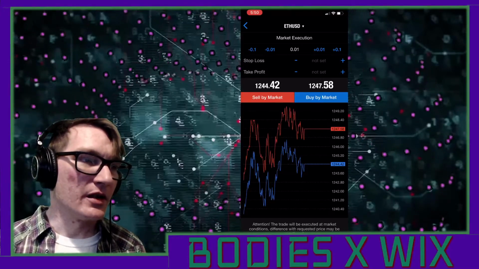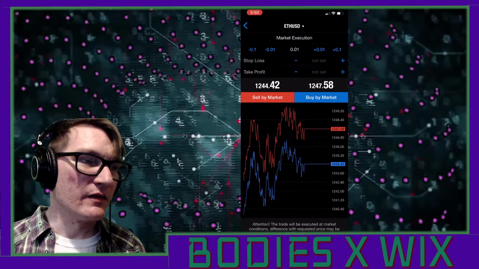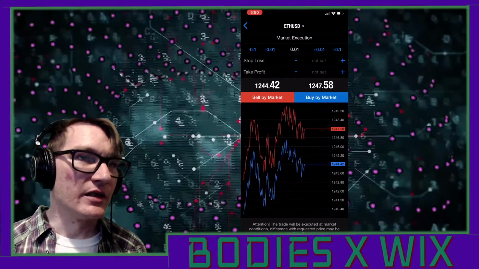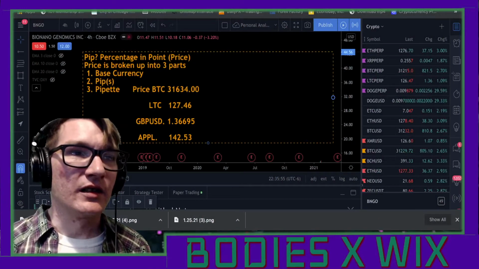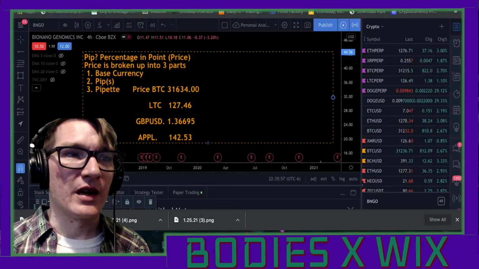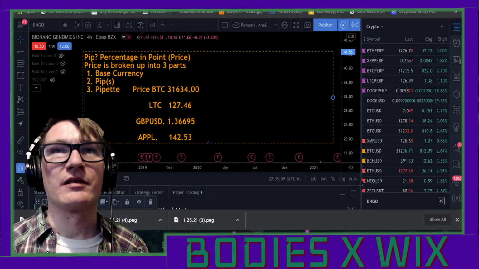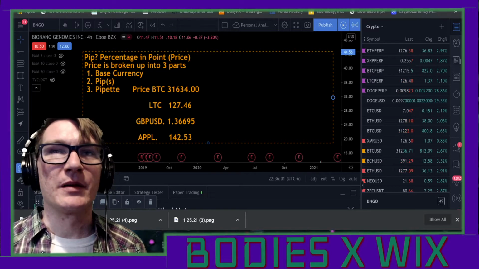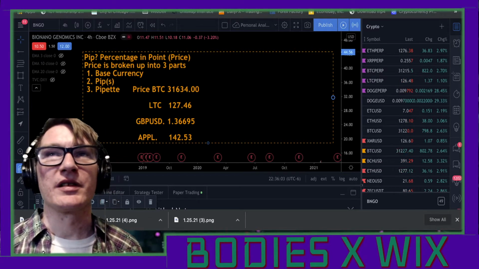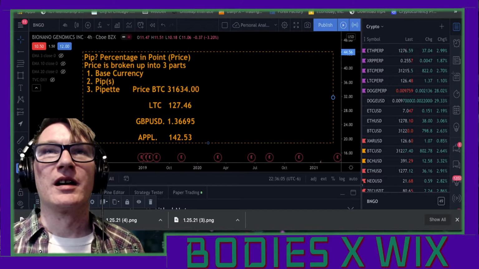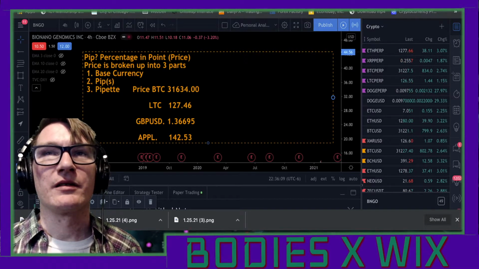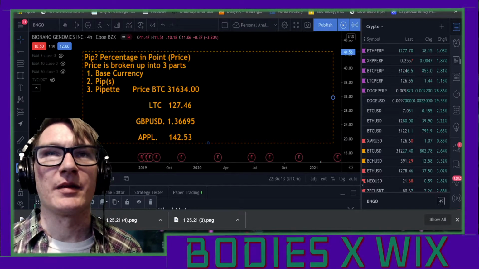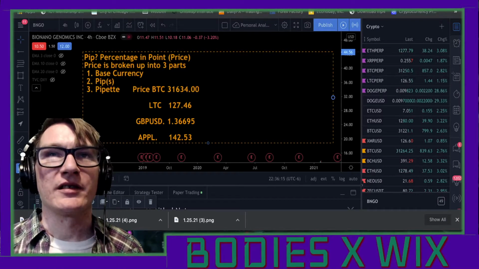I'm going to go ahead and go over to a different transition. So lot size is going to be measured by your pips. Your pips is basically your percentage in points. How it's priced is by your base currency.